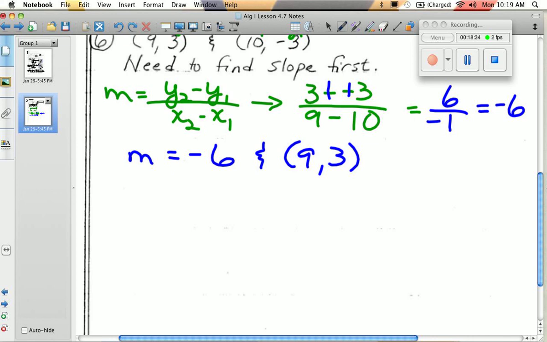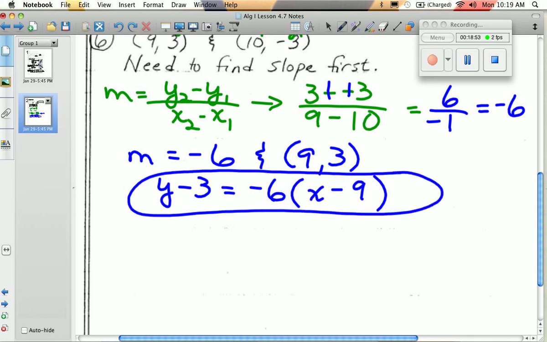So we would say, okay, well then it's going to be y take away what? 3 equals negative 6 times x minus 9. There's one of our point slope form names for this equation. Doesn't even need any cleaning up, does it? It's good to go.